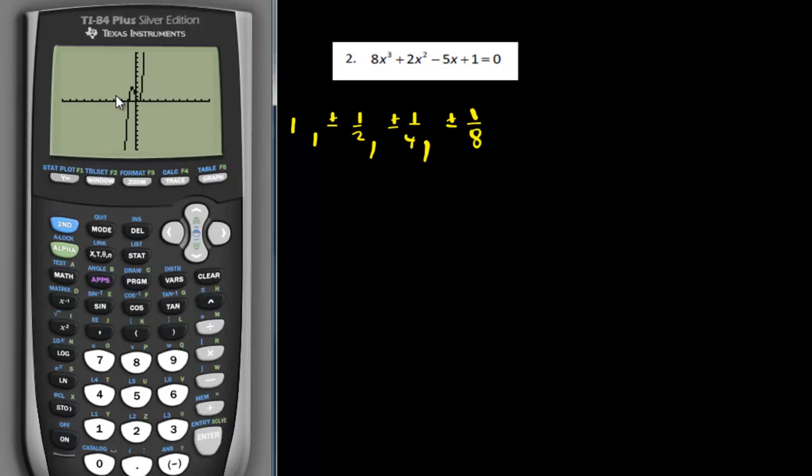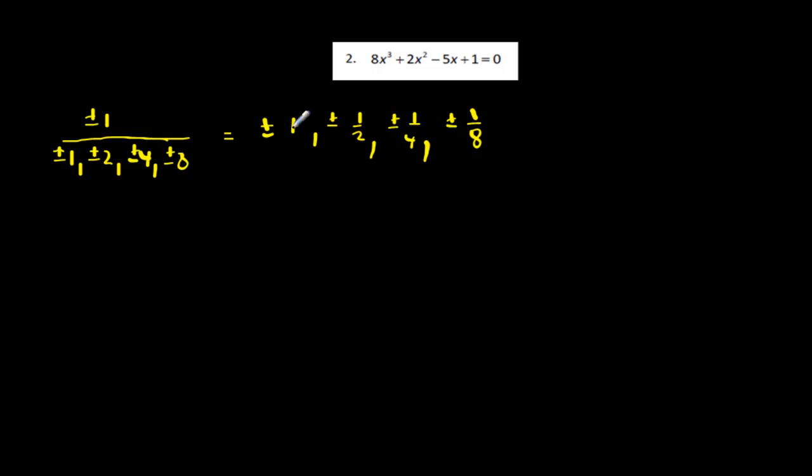Alright, so if we zoom in a little bit, we can see a little closer what our roots might be. It looks like it goes through -1. We can confirm that by looking at the table and going up to see what the output of -1 is. It's 0. So we know that -1 works.